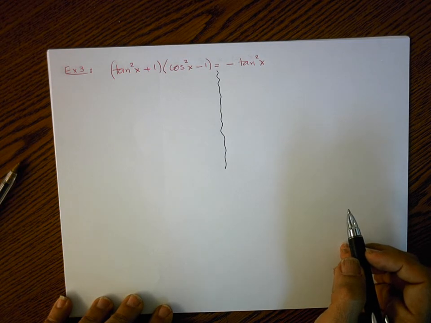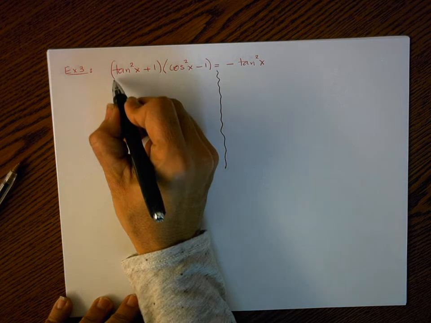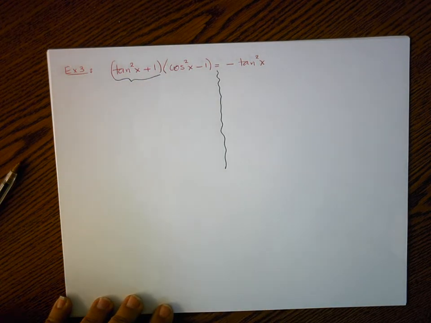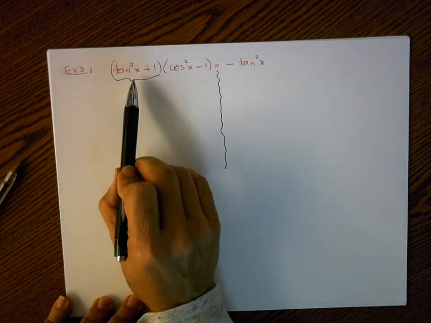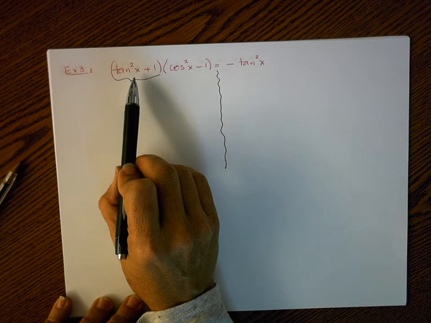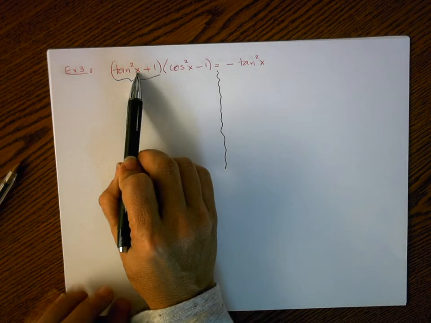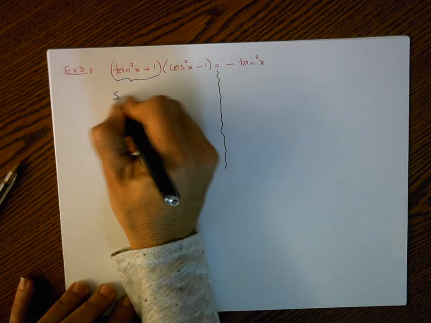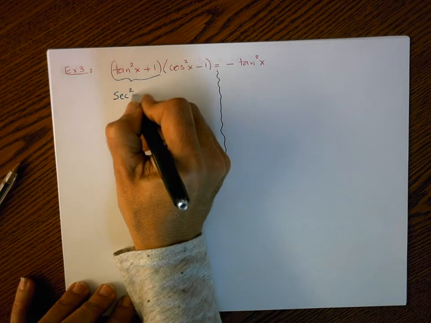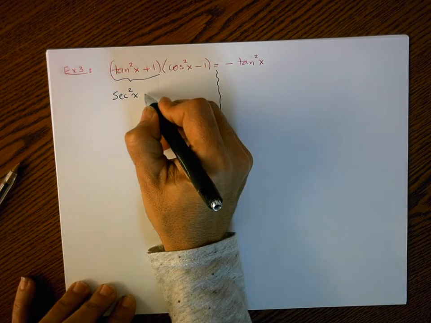Immediately, you should recognize this one right here. If you have your flashcard in front of you, you should say, I can substitute that for the secant squared of x. I'm going to do that. The secant squared of x times, okay?